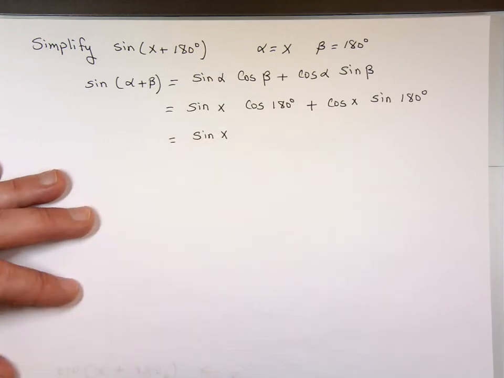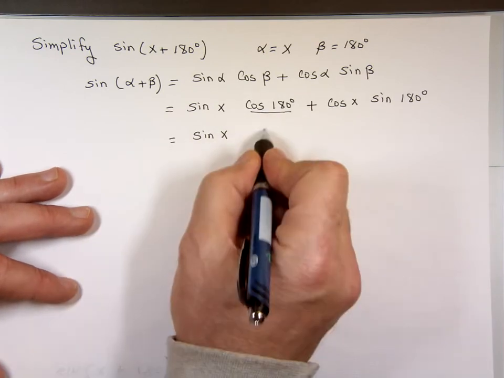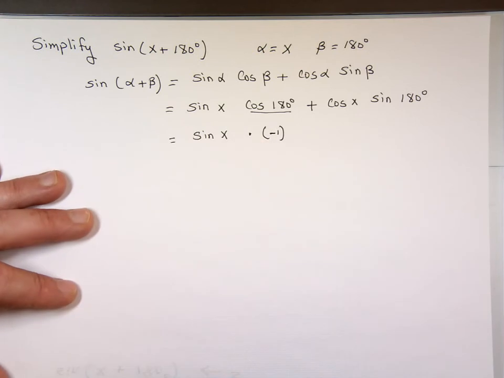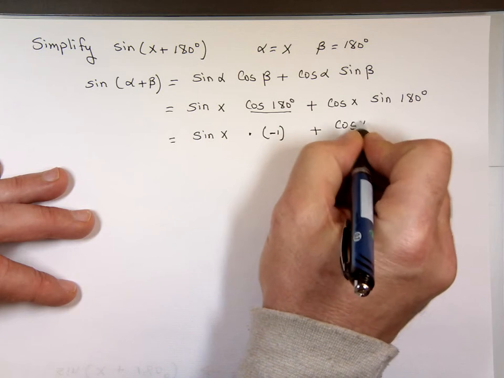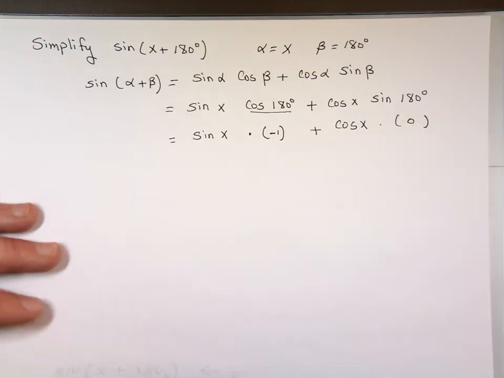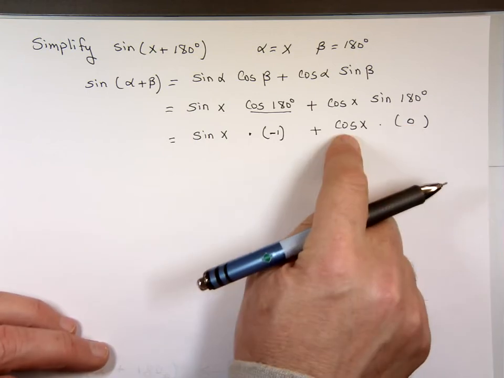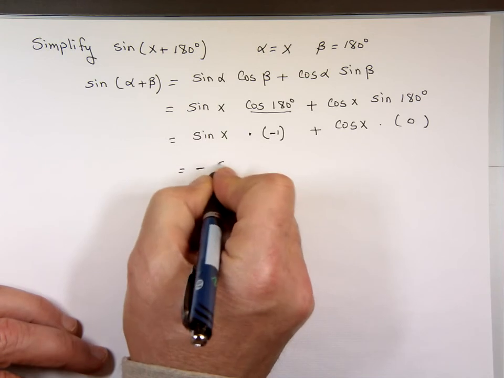But what's cosine 180? That's a negative 1. Cosine of x. And what is sine of 180? That's a 0. Now you multiply them. 0 times anything is 0, minus 1 times this. That's a negative sine of x.